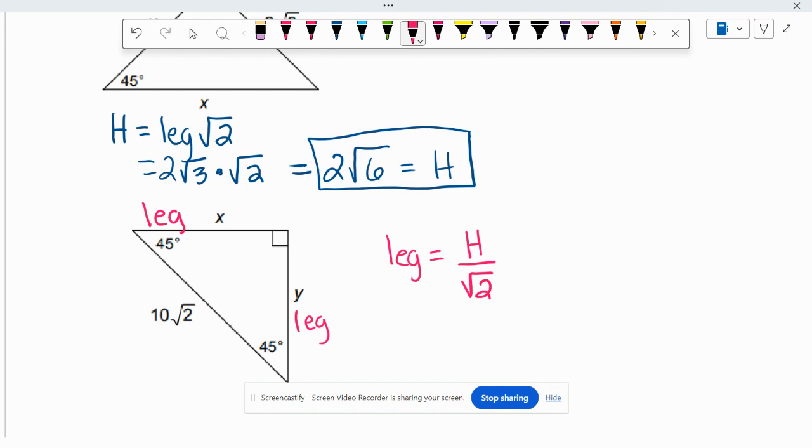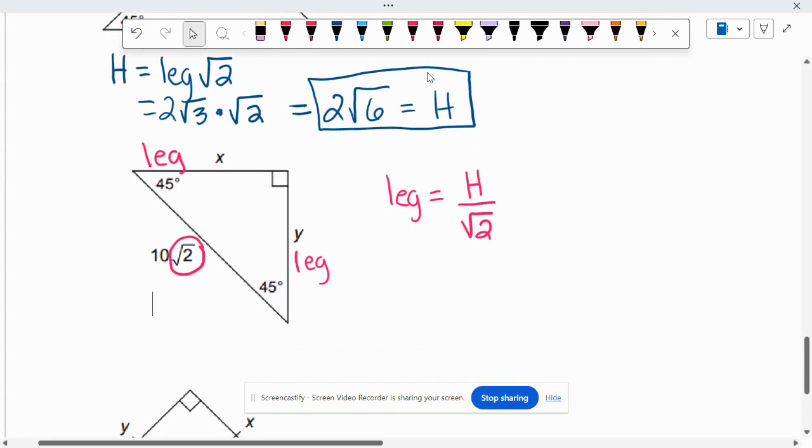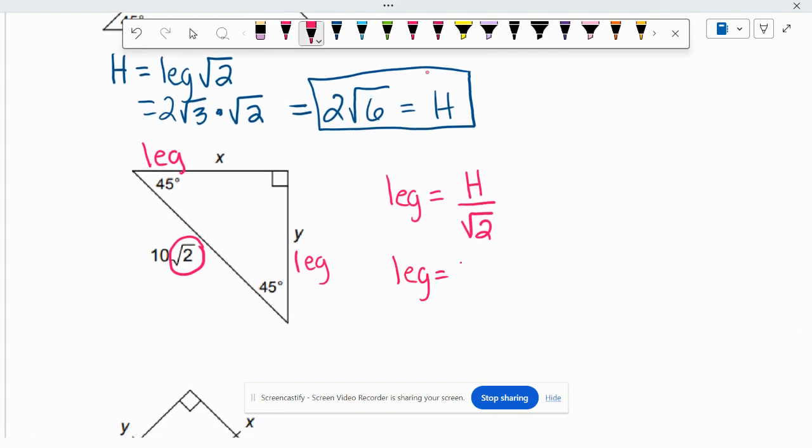Why am I going to use the first one? Because my hypotenuse measure has a square root of 2 in it. That lets me just cancel those right out. So my leg equals my hypotenuse, which is 10 root 2 divided by the square root of 2. So what is the measure of my leg? My leg equals 10.